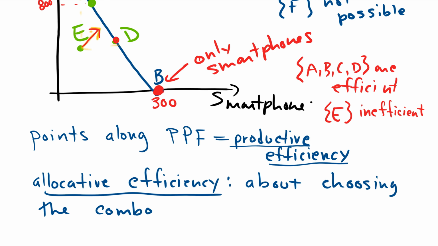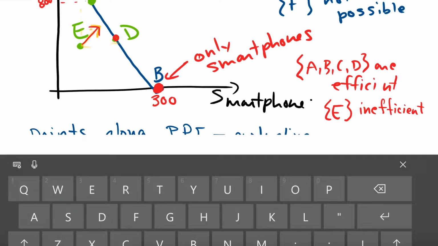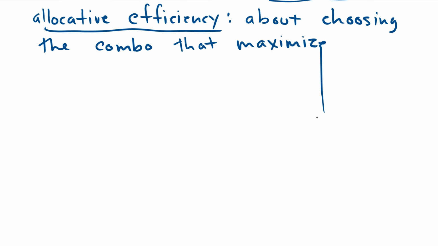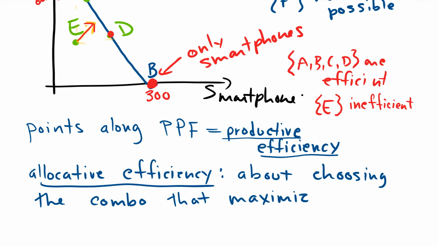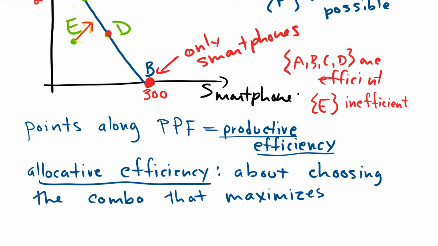To use some fancy language here, we can say that it maximizes social welfare, which means we're choosing the combo that will make us as well off as possible.